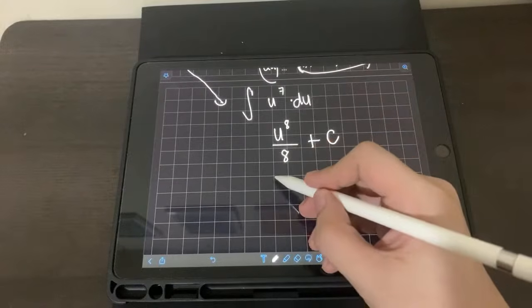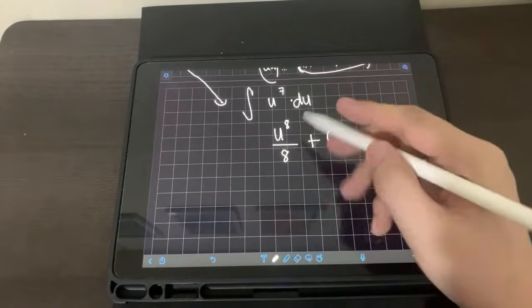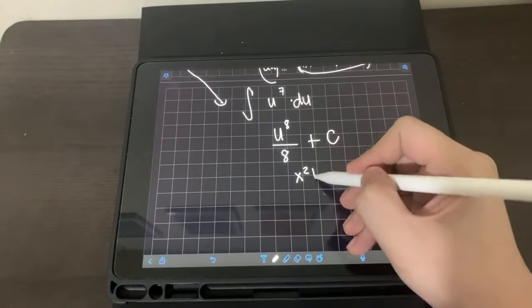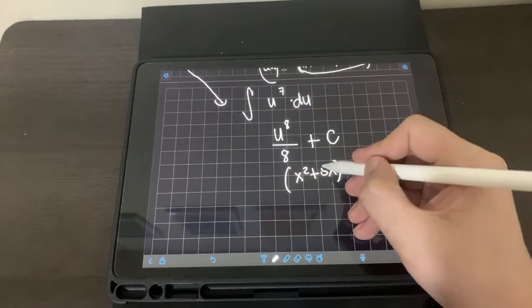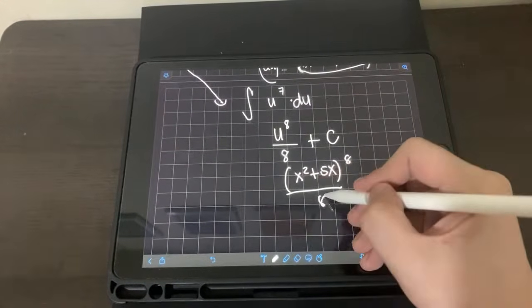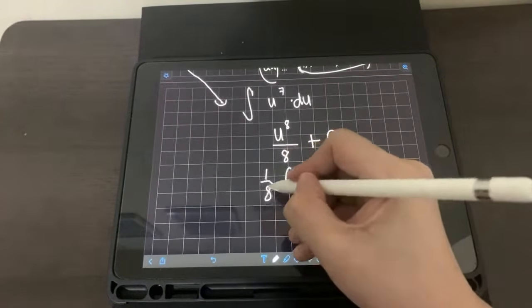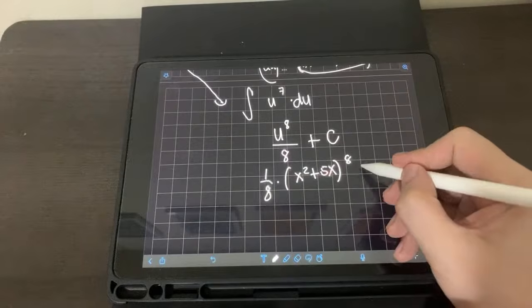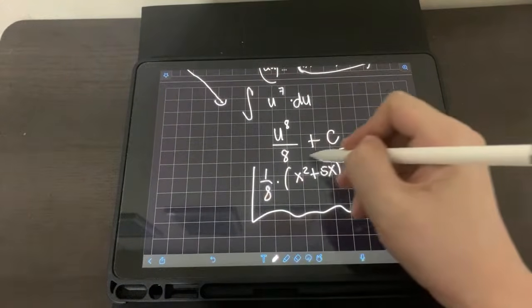So, therefore, substitute nyo lang itong u. So, x squared plus 5x raised to what? Raised to 8. Okay? Divided by 8. Or kahit gawin nyo na lang 1/8 times this expression plus c. Okay? So, this is the final answer.